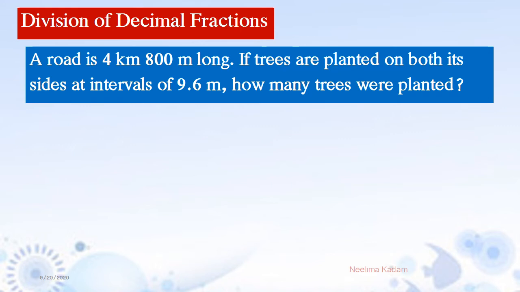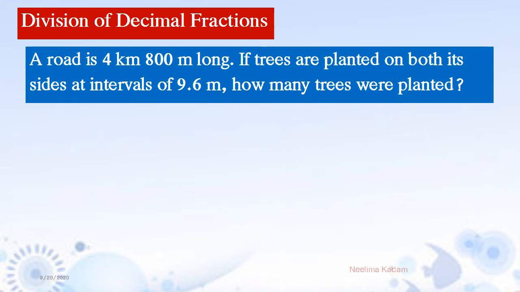Now, one word problem of division. A road is 4 km 800 meter long. If trees are planted on both sides at intervals of 9.6 meter, how many trees were planted?